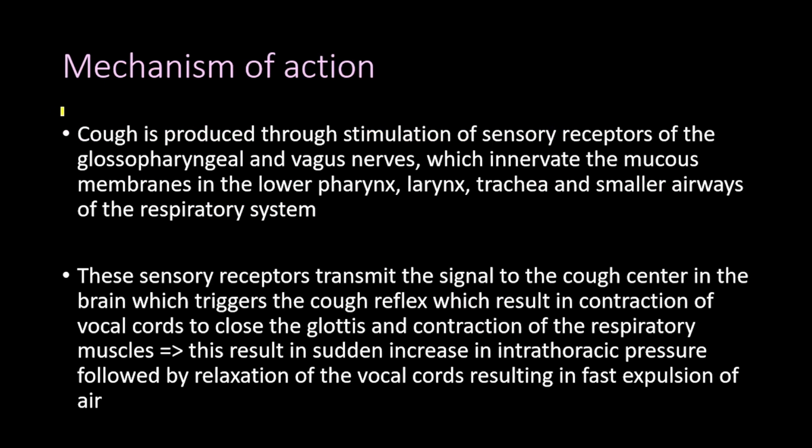Now let's move on to talk about the antitussives mechanism of action. So the cough is produced through stimulation of the sensory receptors of the glossopharyngeal and the vagus nerves, which innervate the mucous membranes in the lower pharynx, the larynx, the trachea, and smaller airways of the respiratory system.